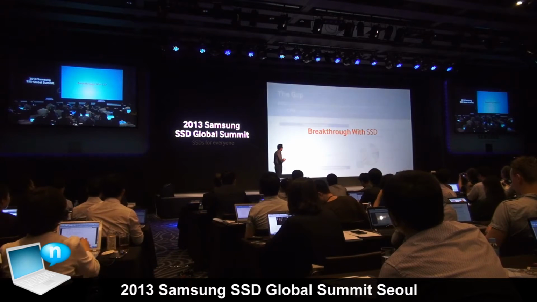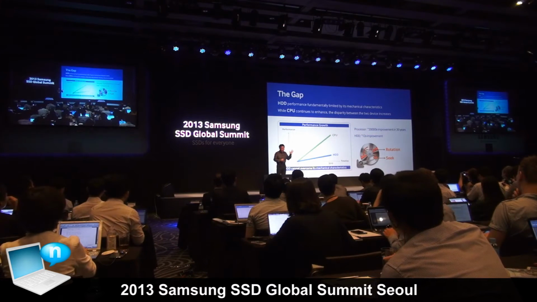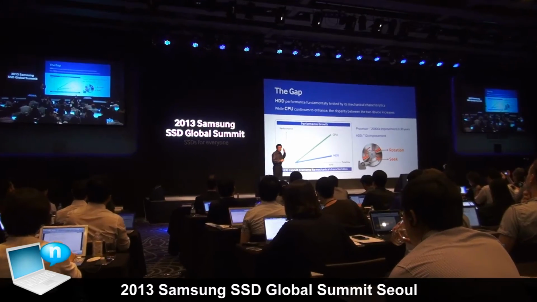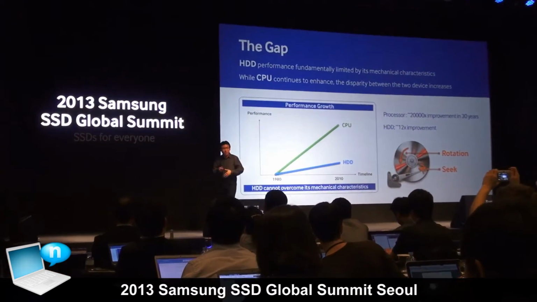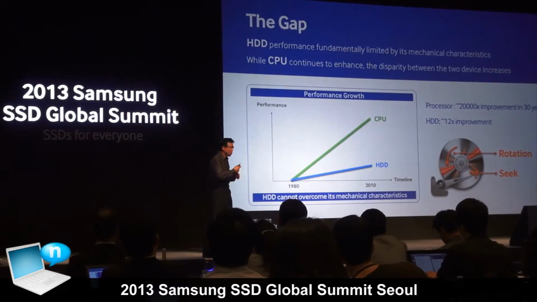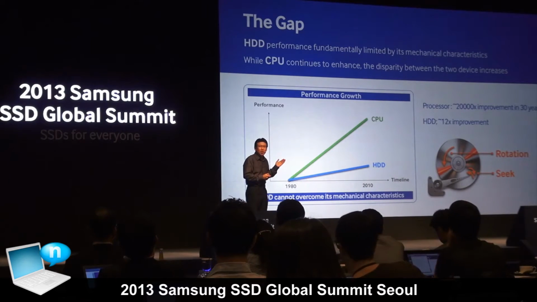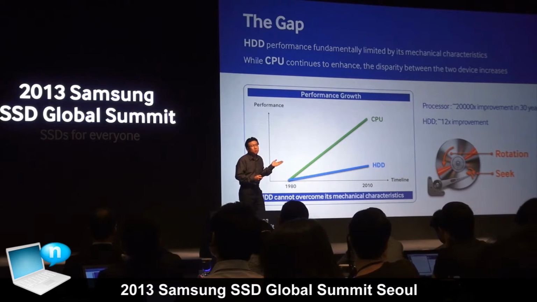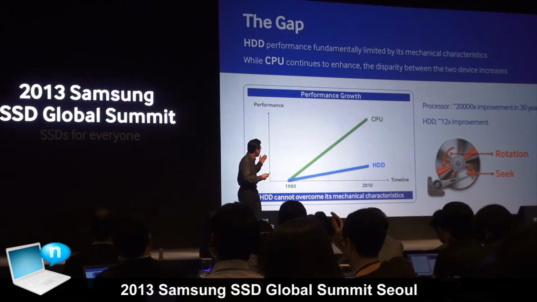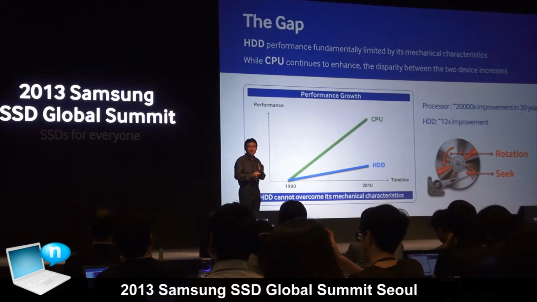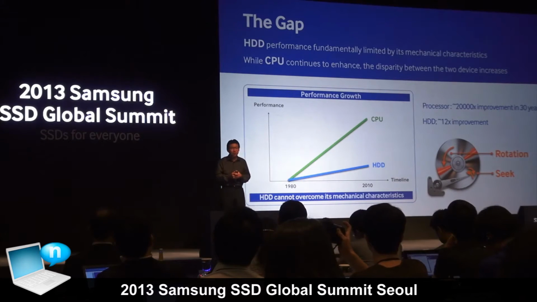Breakthrough with the SSD. This is the usual primer whenever anybody describes what SSDs are and what they are for. Basically, one of the key reasons is that processor performance has improved around 20,000 times over the last 13 years, whereas storage has only improved around 12 times.